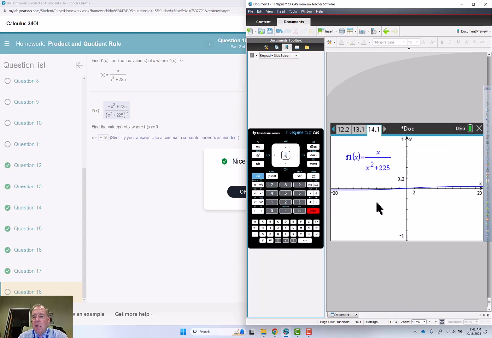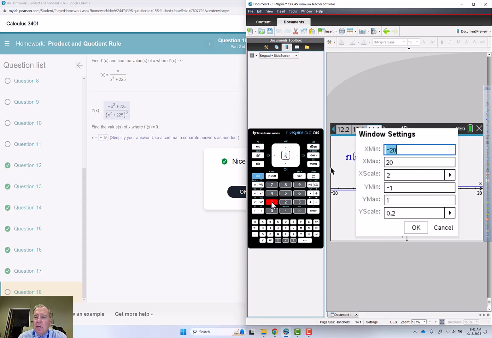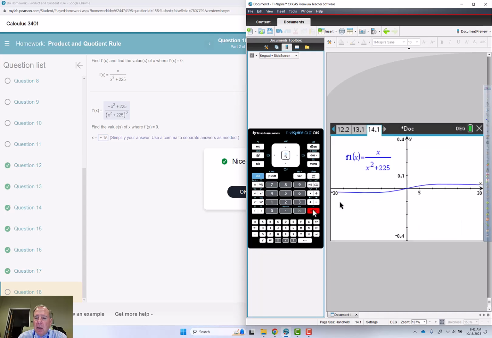Okay, so we get a little bit of curve there, so I'm going to tweak it just a little bit more, negative 30 to 30 by 5's, and let's go negative 0.4 to 0.4 by 0.1's. So that looks a little bit better.